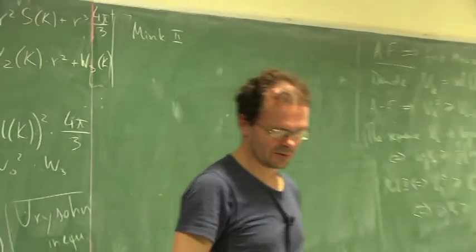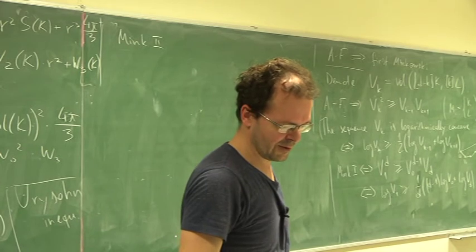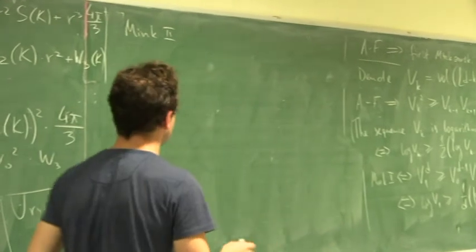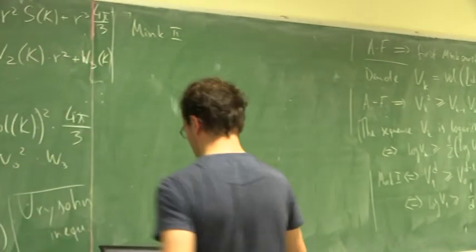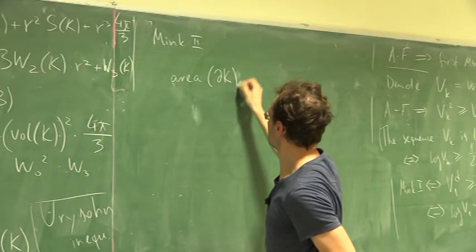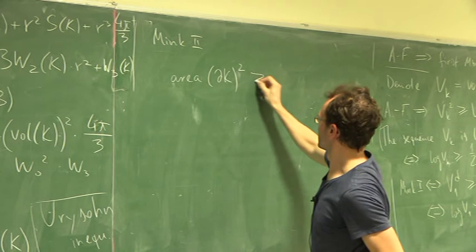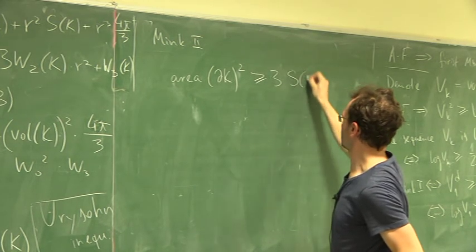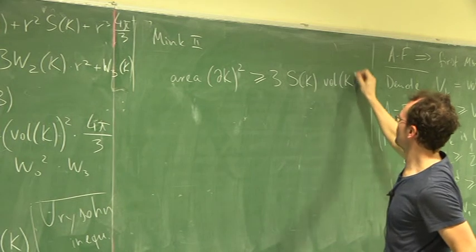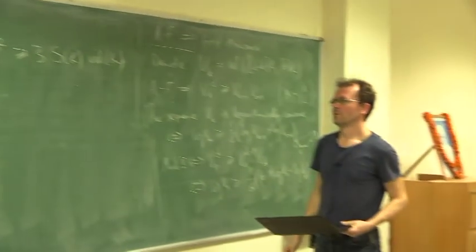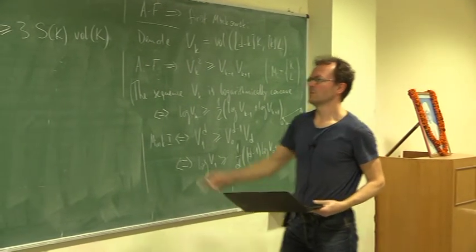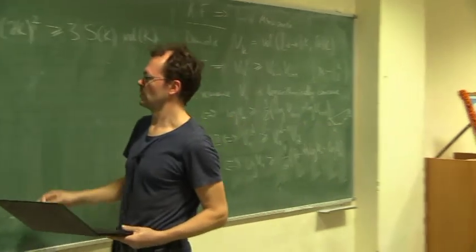Yeah, so let me write this, but then you should check by yourself that these are really consequences of the second Minkowski inequality. The area of the boundary of K squared is bigger or equal than 3 times S of K times the volume of K. Well, this is not very exciting maybe, but it relates 3 quantities at the same time.